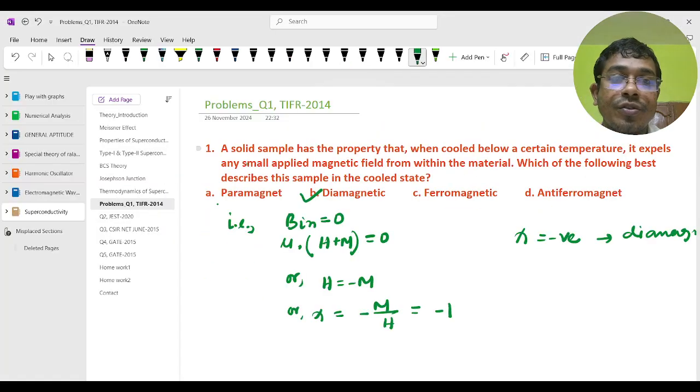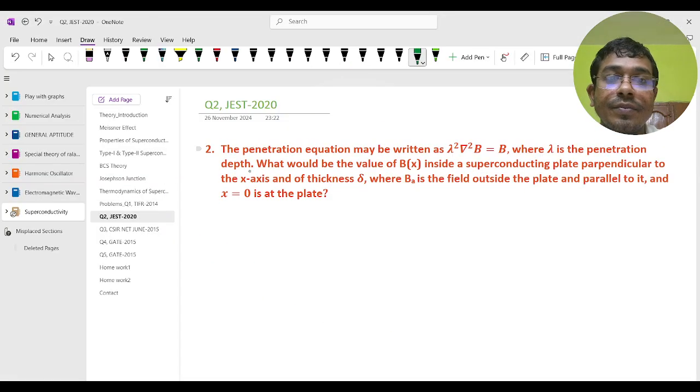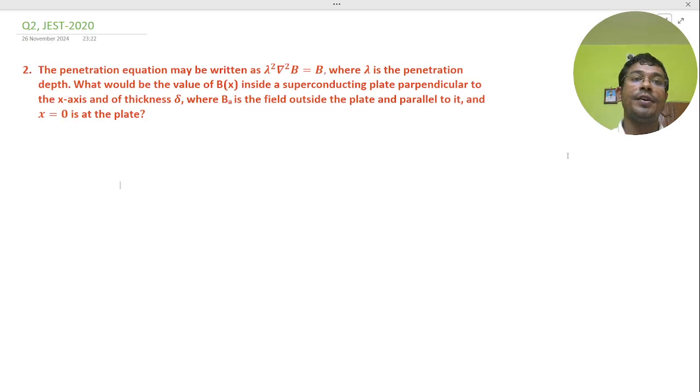So go ahead, our next question coming in 2020. The penetration equation may be written as lambda square del square B equal to B, where lambda is the penetration depth.